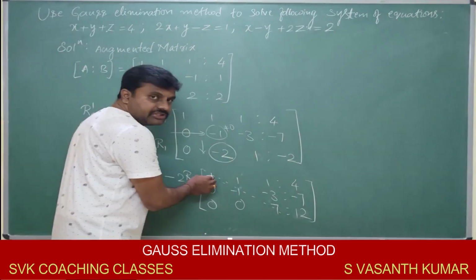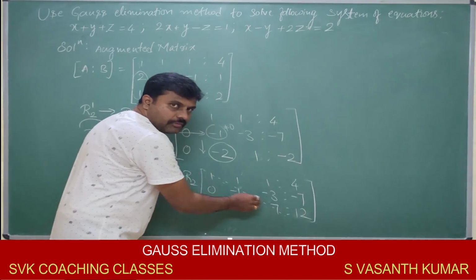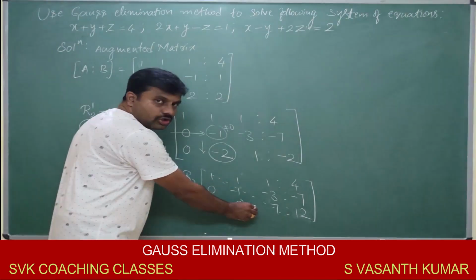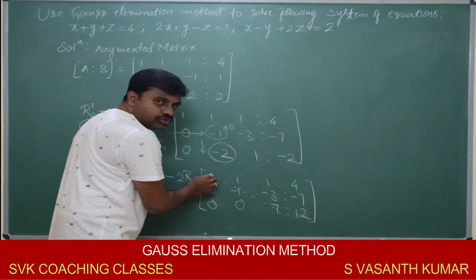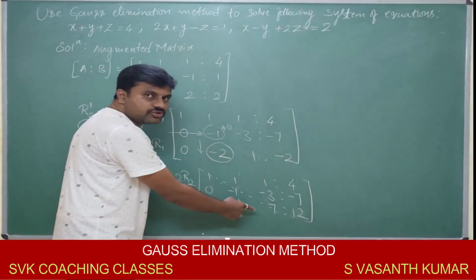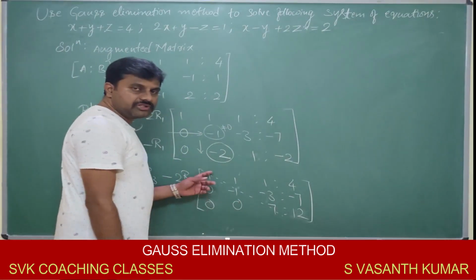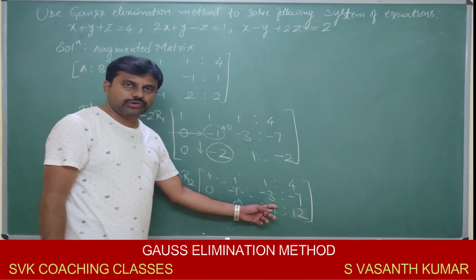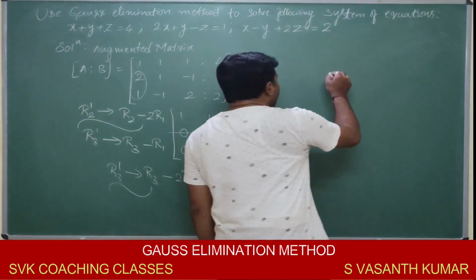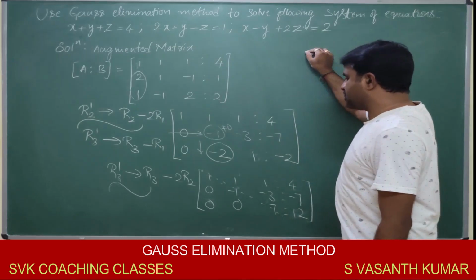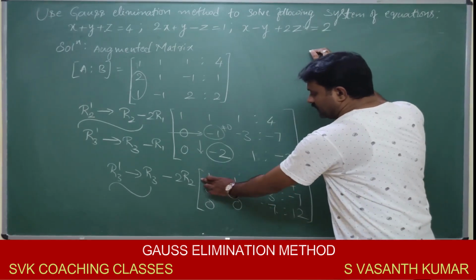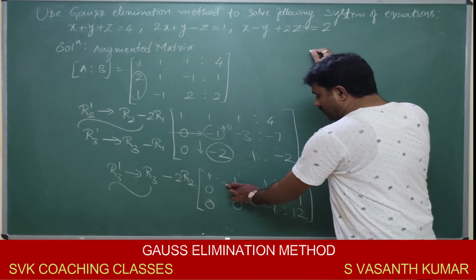Make sure the principal diagonal elements are non-zero. Yes, it is non-zero. And now make sure all the principal diagonal elements should be equal to 1. So by using elementary row operations again, in R1 the leading entry is 1, R2 is minus 1.